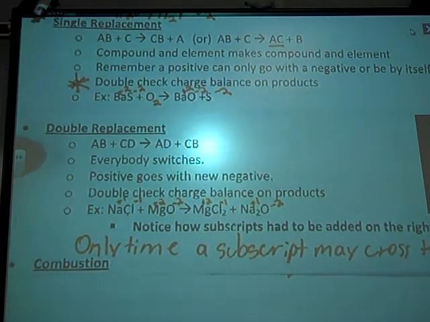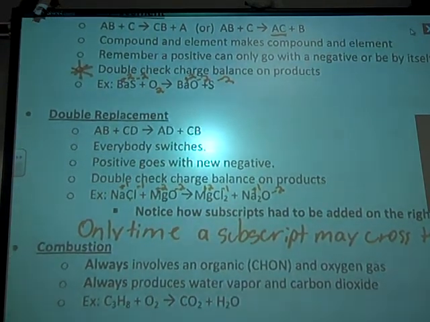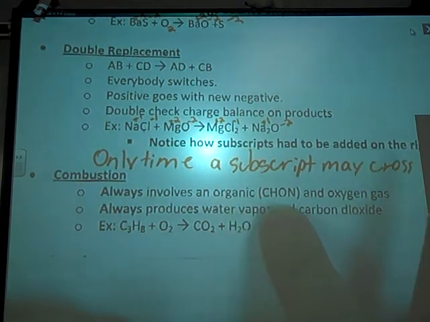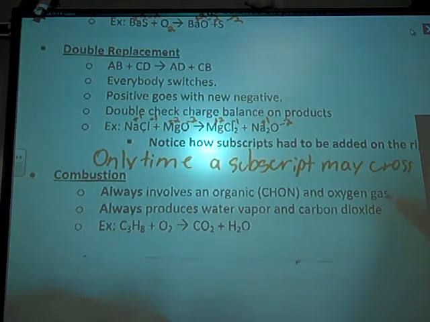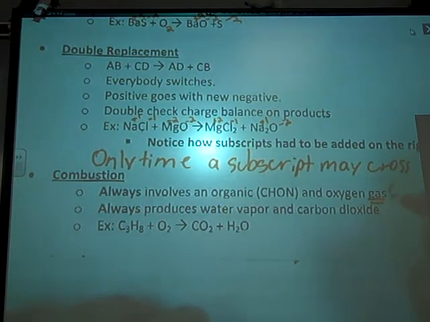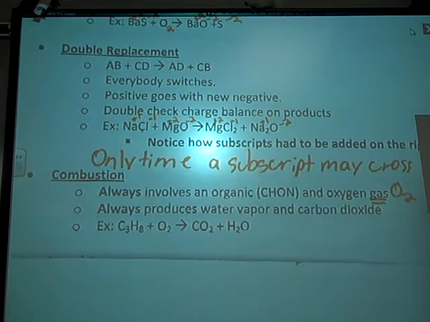Our fifth type of reaction is called a combustion reaction. Combustion reactions always involve organics, and organics are composed of carbon and hydrogen, possibly oxygen and nitrogen, and it will also involve oxygen gas. This is oxygen in its natural state. Found out in the wild, O is never by itself, so it gets that 2.